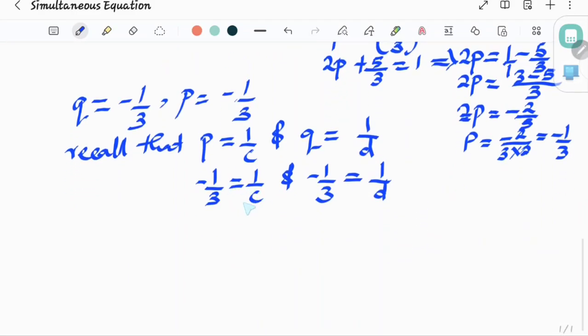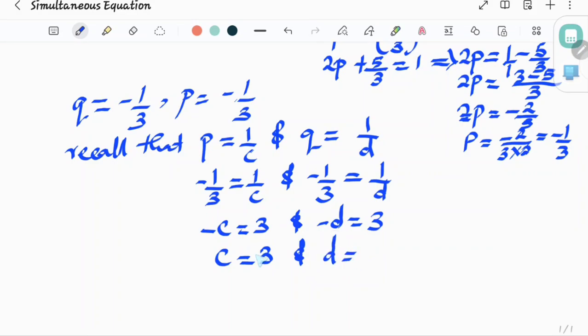If you cross multiply here, this is going to give us negative c equals 3. That's this times this and this times this. Then we also have negative 1 times this, that's also negative d equals 3. So c equals negative 3 and d is also equal to negative 3.